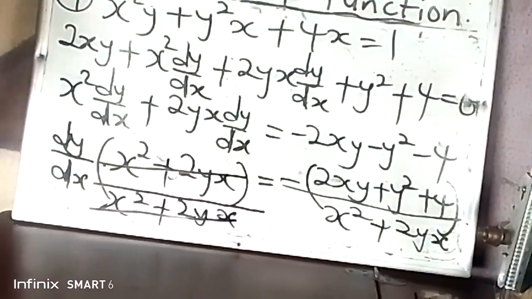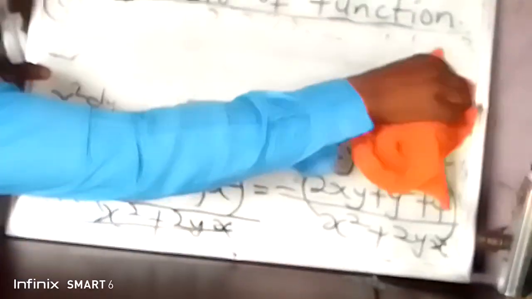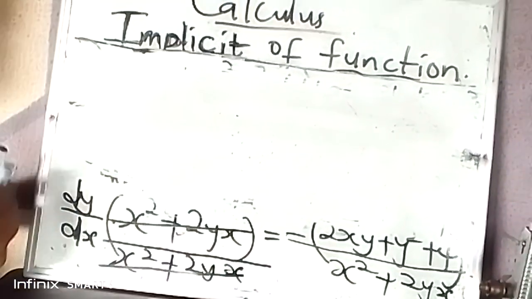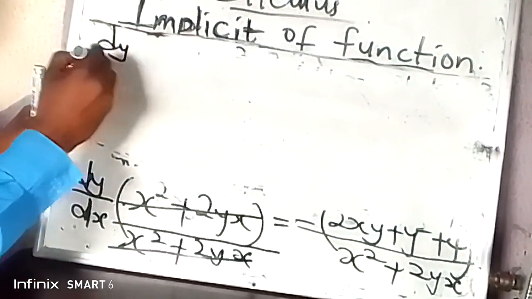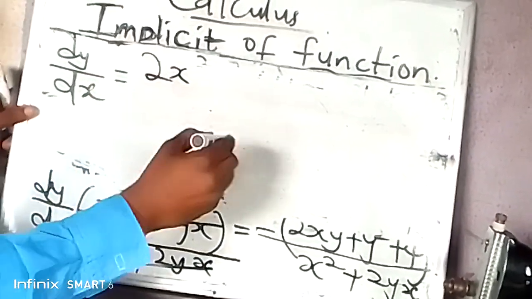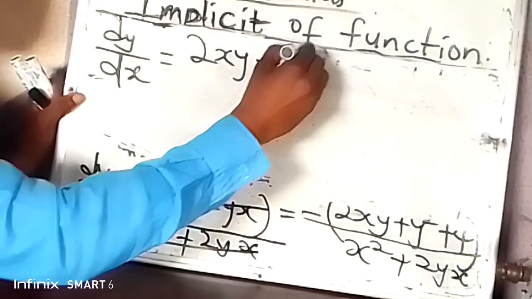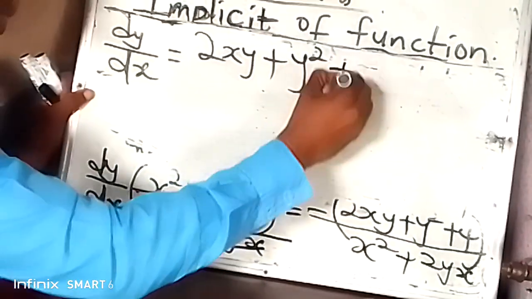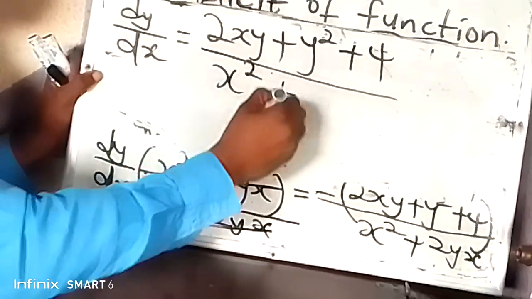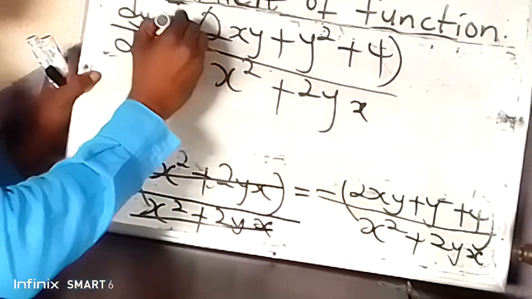That means our dy/dx equals to minus 2xy plus y squared plus 4 all over x squared plus 2yx. Don't forget I put this inside the bracket and the minus is outside.